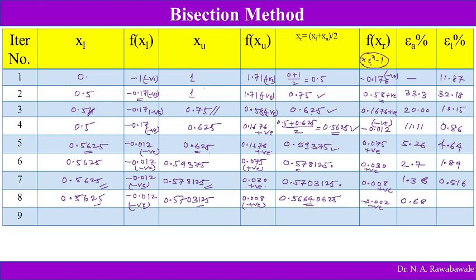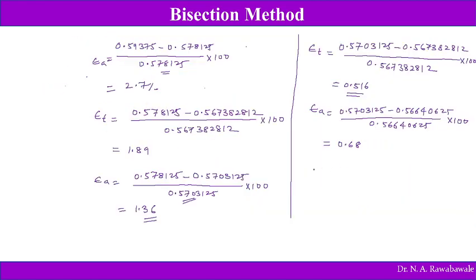Now we find the true error. The true value we take as 0.567382812 minus the revised approximation 0.56640625, divided by the true value 0.567382812, into 100.